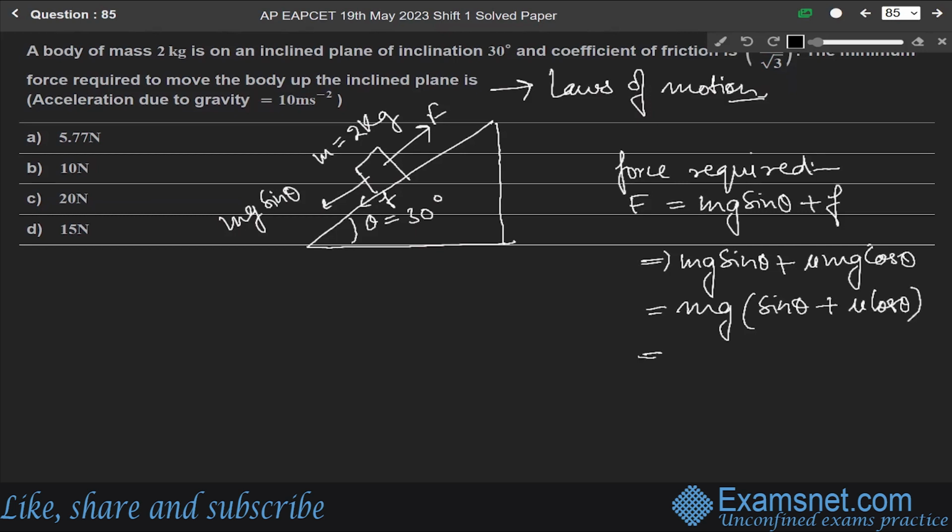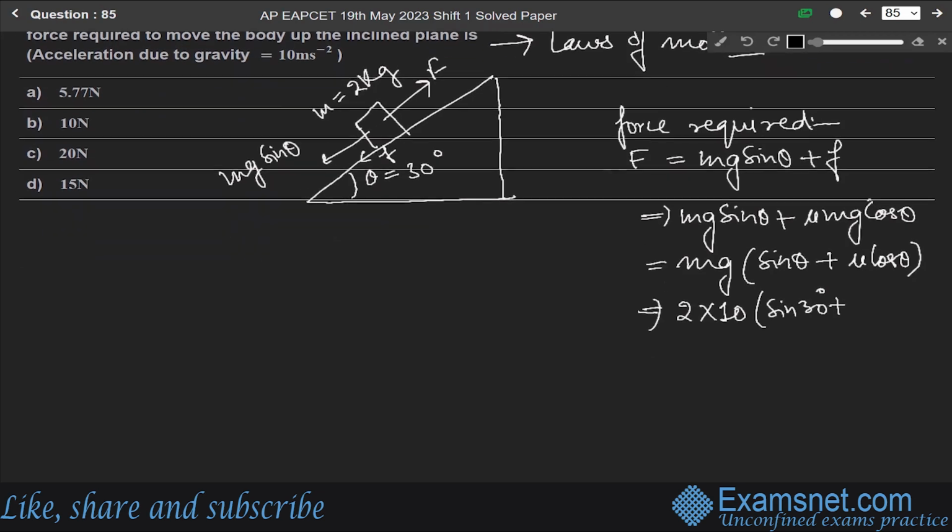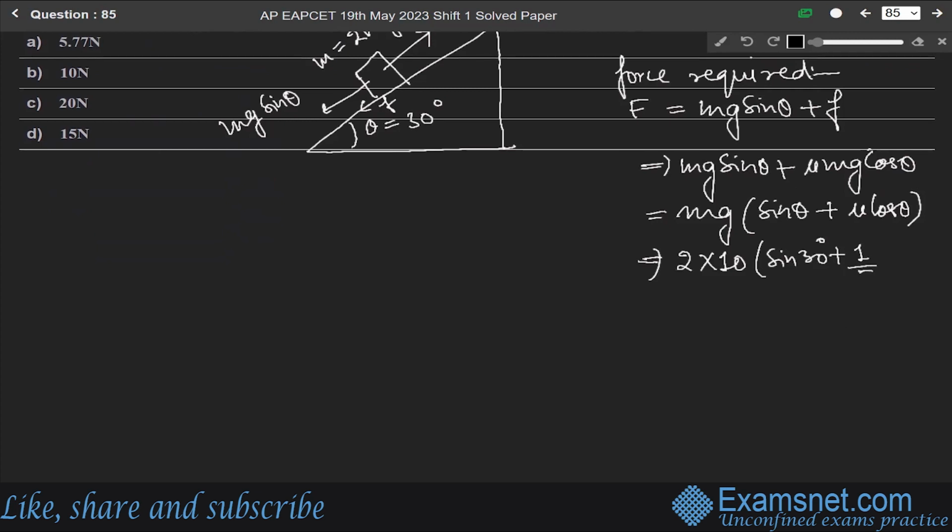Here m is 2 kg, so 2 into gravity 10 into (sine of 30 degrees plus mu cos of 30 degrees), where mu is given as 1 by root 3.